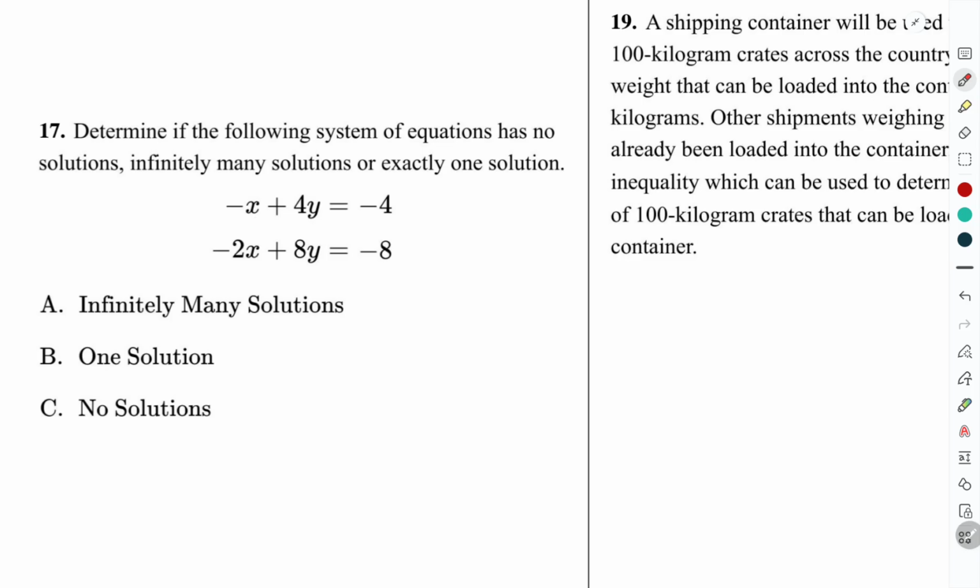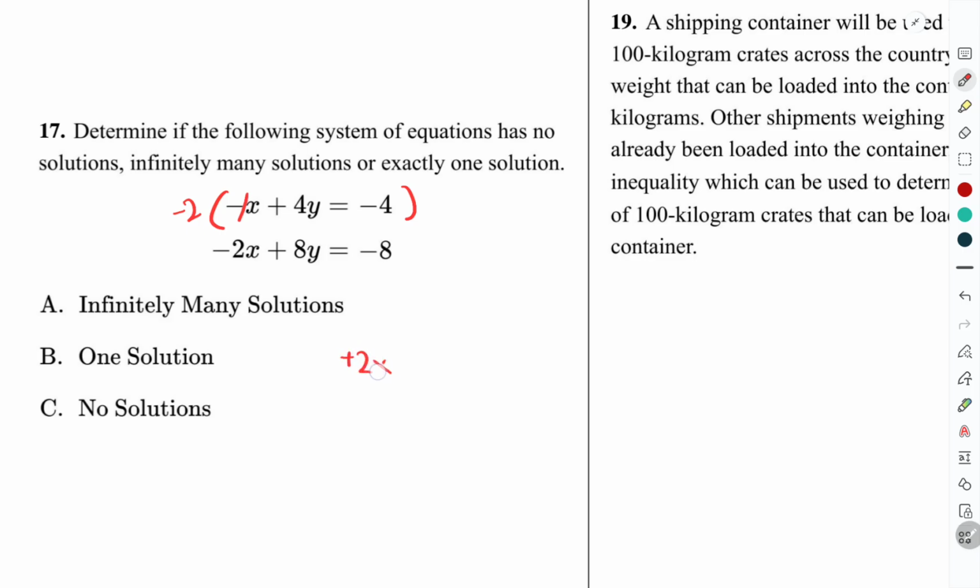So I'm looking at my x terms and I can turn the -1 into a +2 by multiplying by -2. So I'm going to take the whole first equation and multiply it by -2.